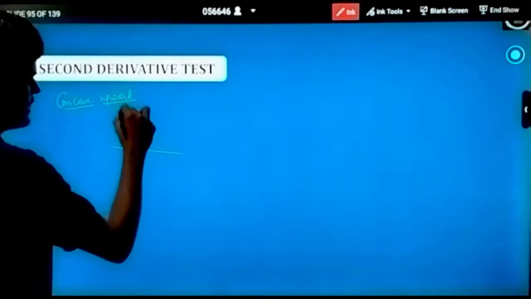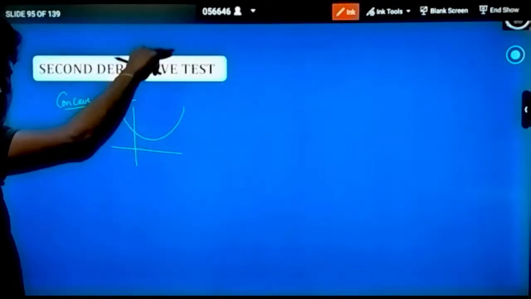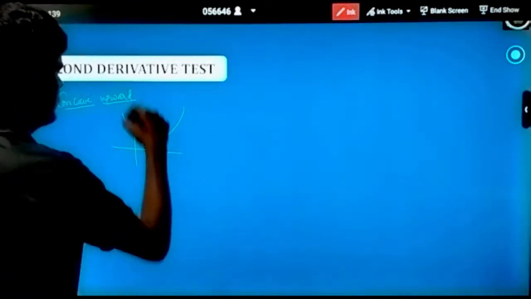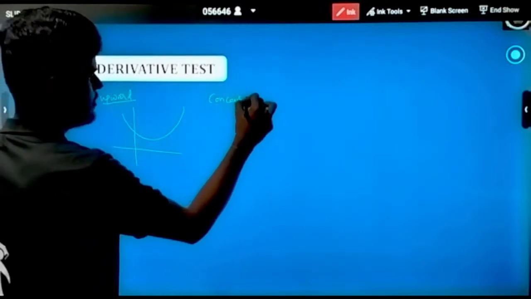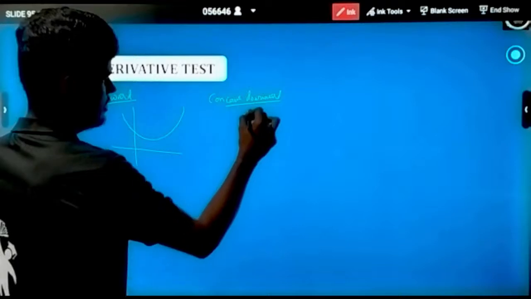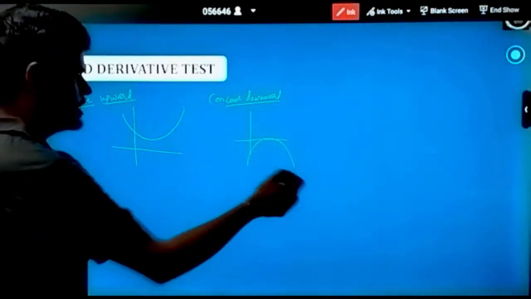Concave upward is nothing but a curve in the shape of a quadratic equation where the coefficient of x square is positive. This is concave upward, and the concave downward curve is just the opposite, a curve like this. This is the concave downward shape.